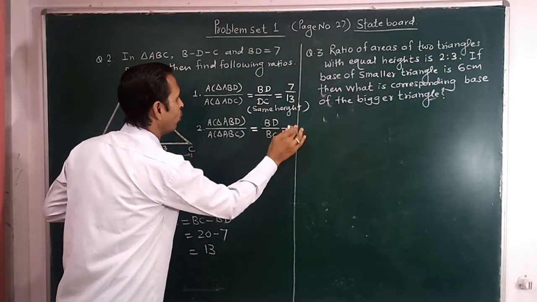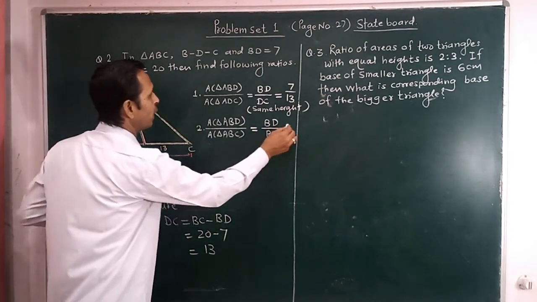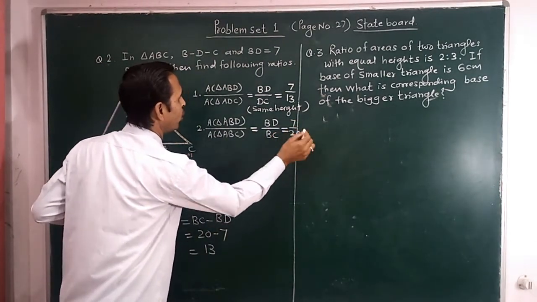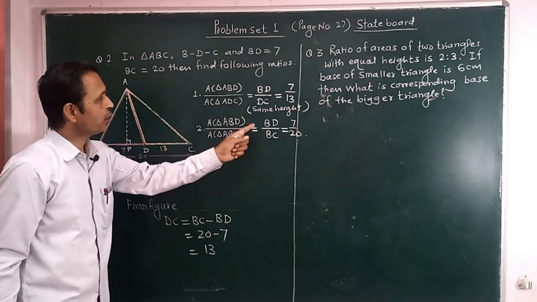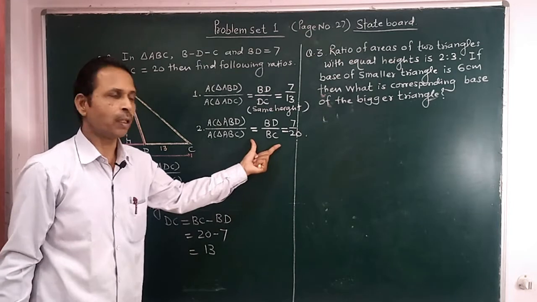Now what is the ratio? The ratio is 7/20. Why? Because these two triangles have the same height but different bases.